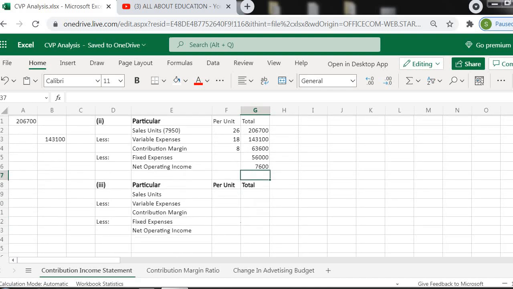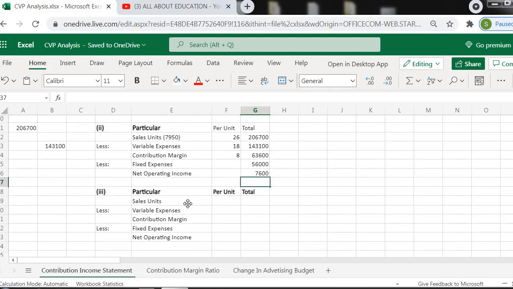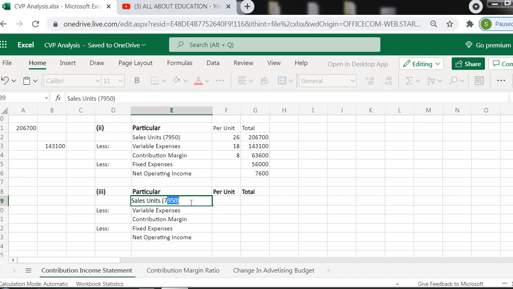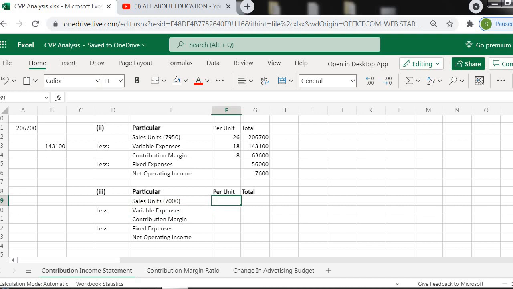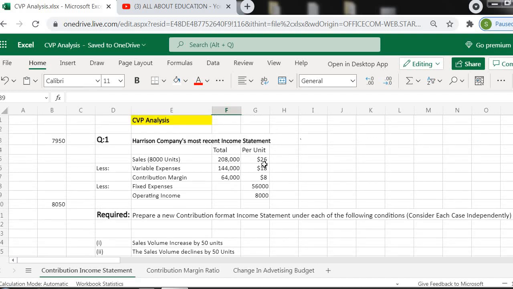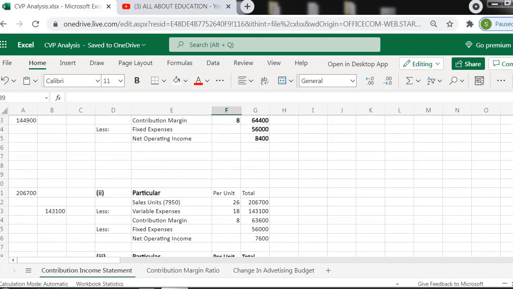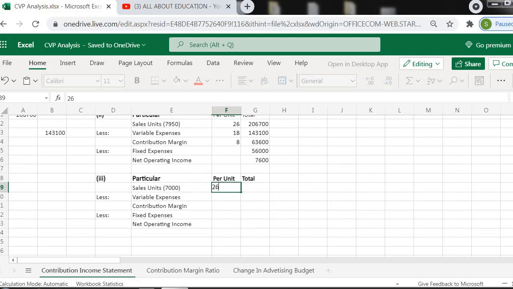So we have 7,000 units in total, and the per unit cost for sales is 26. To calculate the total, 7,000 units will be multiplied by 26. So what we get? 1,82,000, right?